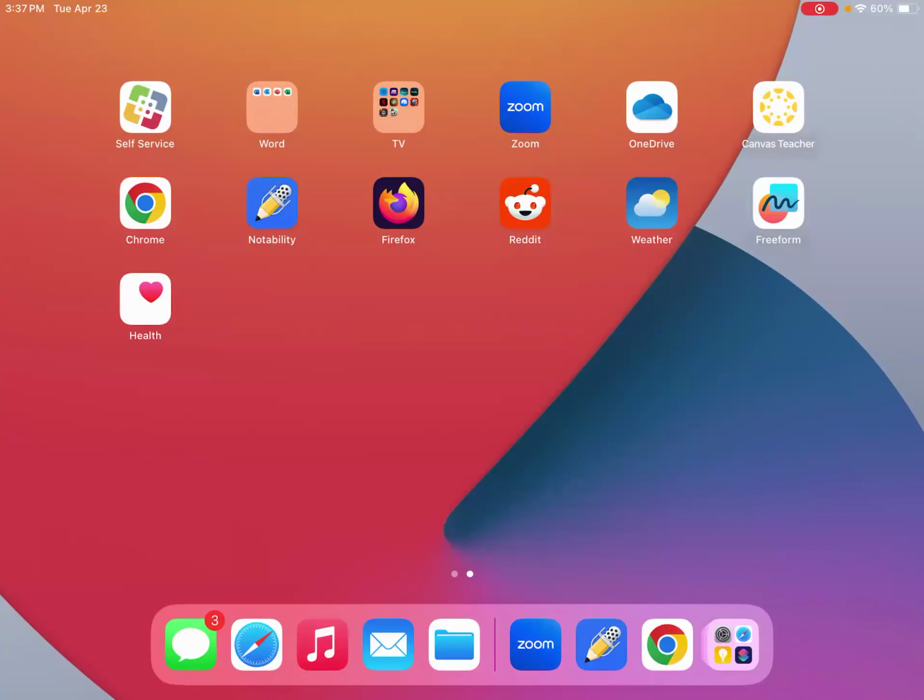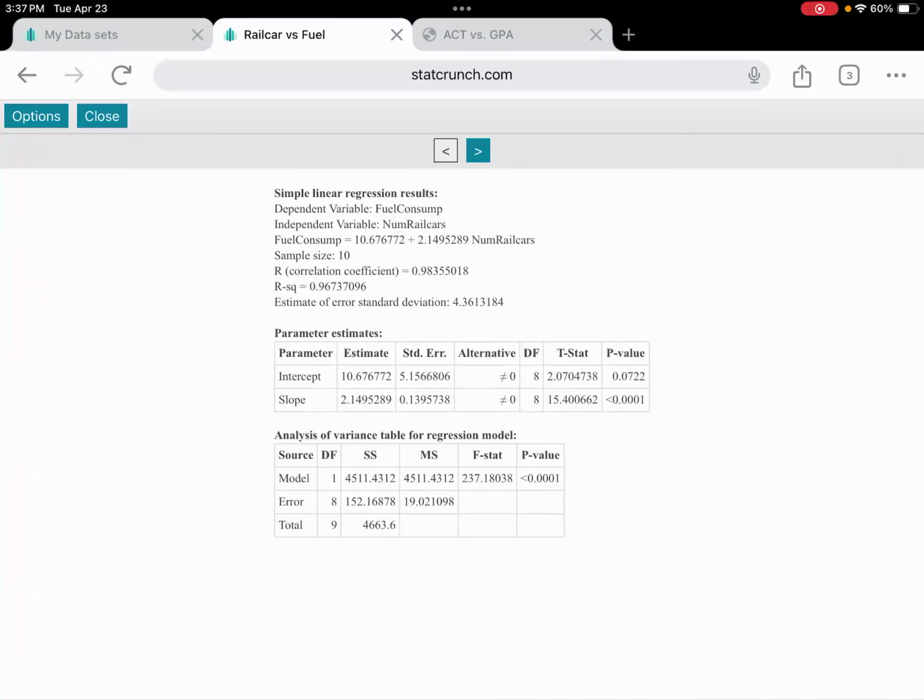Now here's the other good part. That means I just find the slope. What's the value of the slope? Estimate. Yeah, it's just the first one, and it literally says there's the slope.